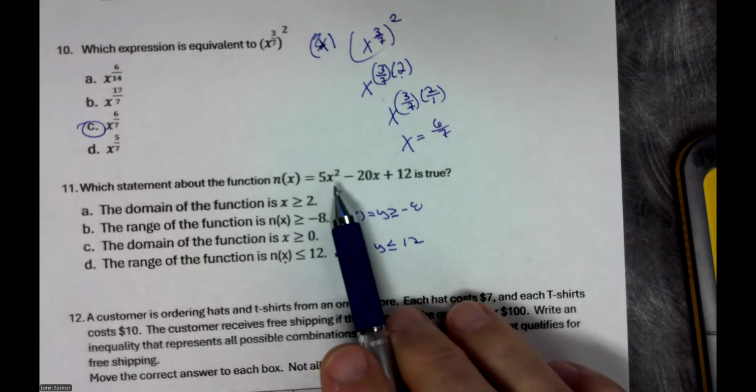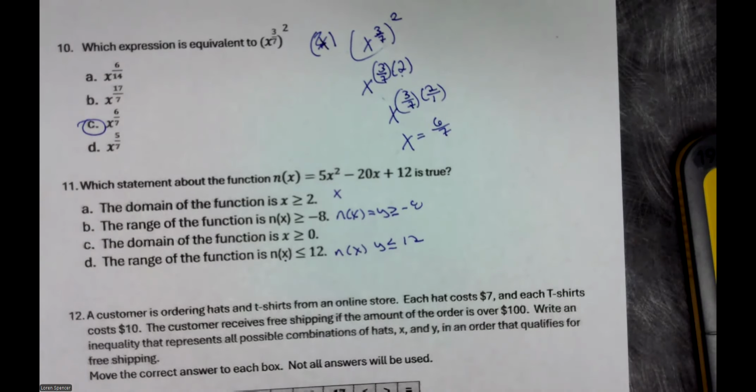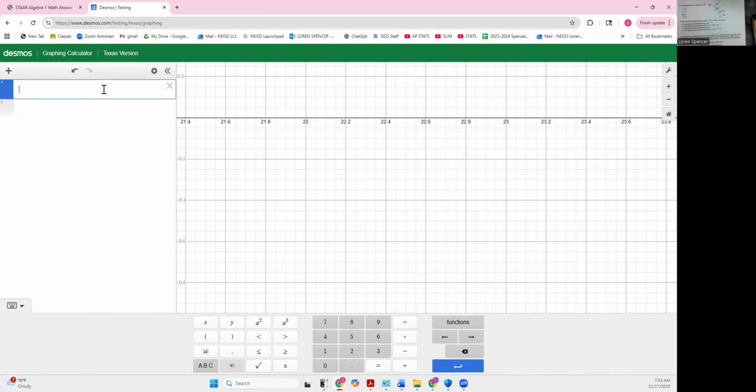So let's plug this equation into Desmos and see what our graph looks like. Okay? So plugging it into Desmos, we go 5x, use the square button, minus 20x, and then plus 12.